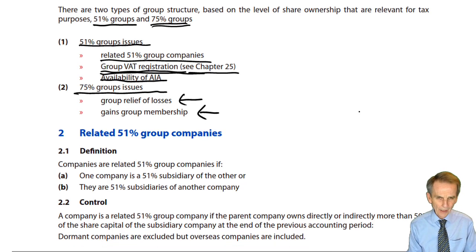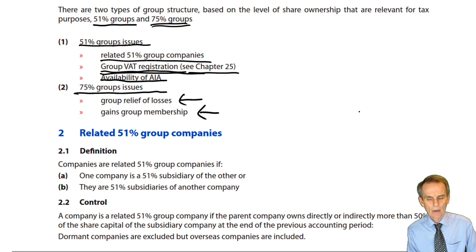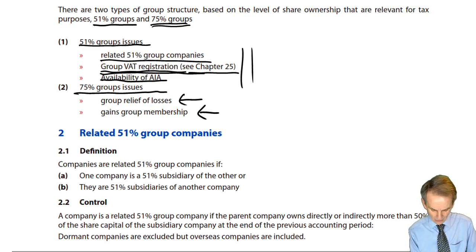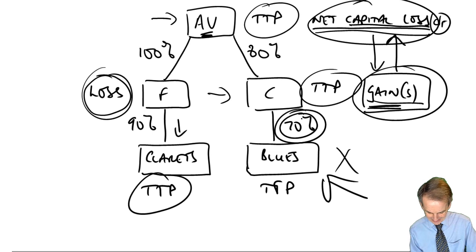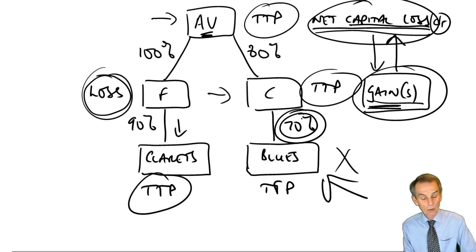So we'll need to define our group in terms of 75% group membership, defining 75%, as we'll see later, firstly for group relief purposes, and secondly for capital gains group membership purposes. We'll also have to look at, well, obviously if it's 75%, you clearly are a member of the 51% group. But with our little group of companies that we saw here, in terms of blues, the holding that C, its parent, had in blues was only 70%.